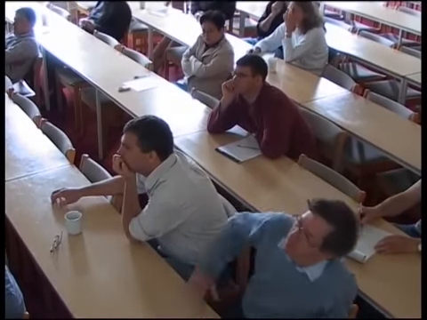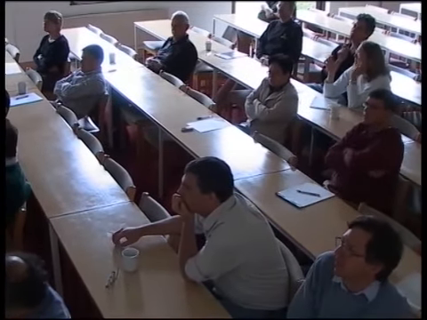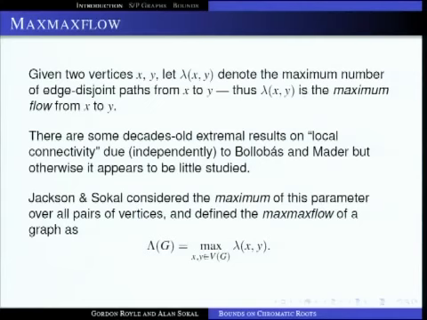If you type local connectivity into Math Reviews, you get nothing. They introduced some name, I can't remember what it was, for maxmaxflow. I went back and looked at Marder's original papers on local edge connectivity and so on, and they only ever talk about it in terms of this one. They never mention this one. Really? I've never seen it. Of course, my German isn't what it should be, but Marder's old papers are all written in German. Okay, anyway, maybe the historical stuff here needs revision.